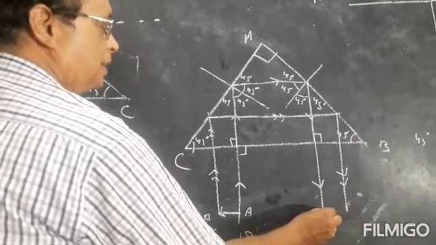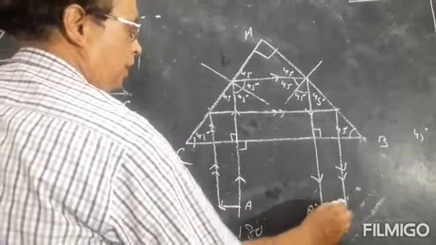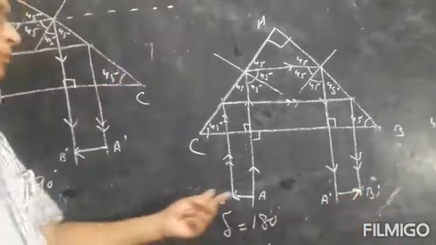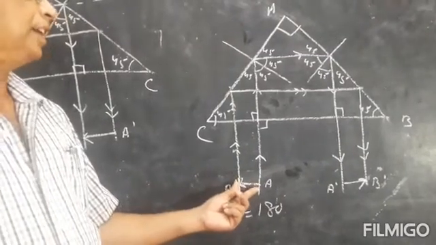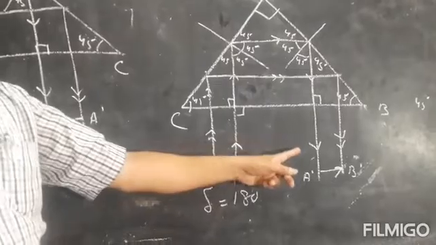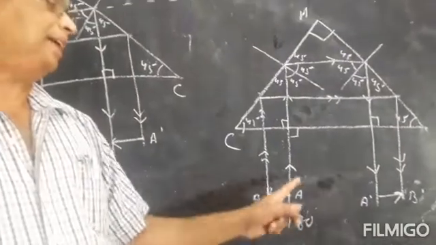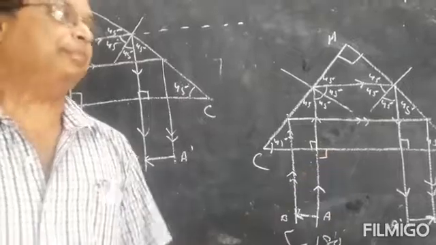So the image will be this, A dash B dash. So AB is the object. Now the image will be this. Clear? So this is how the image will form after 180 degree deviation by right angled isosceles prism.